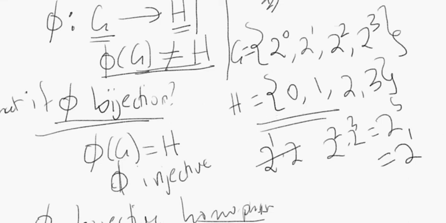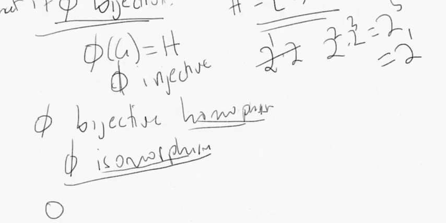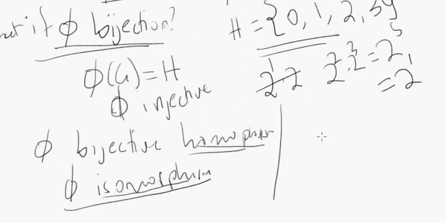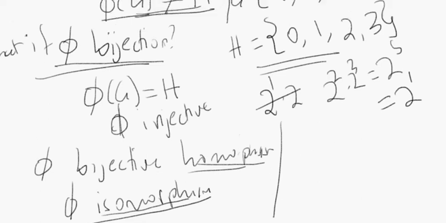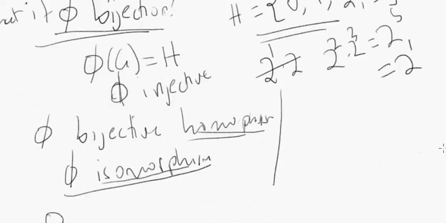That is, if you want to capture the idea that G and H are the same, all you'd have to do is get a function phi from G to H, prove that phi is a function, of course, prove that phi is a homomorphism, and prove that the homomorphism is a bijection.